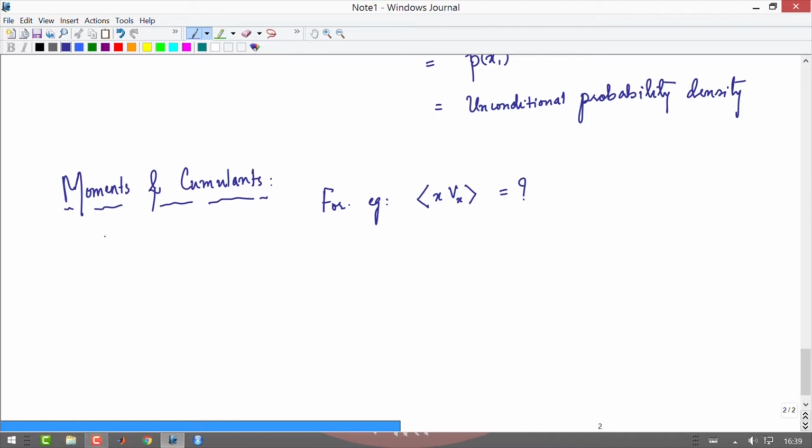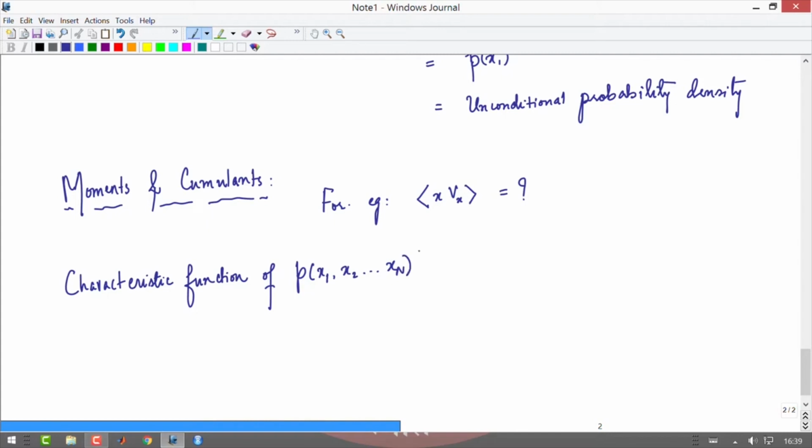So let us compute the characteristic function of our multivariable PDF.